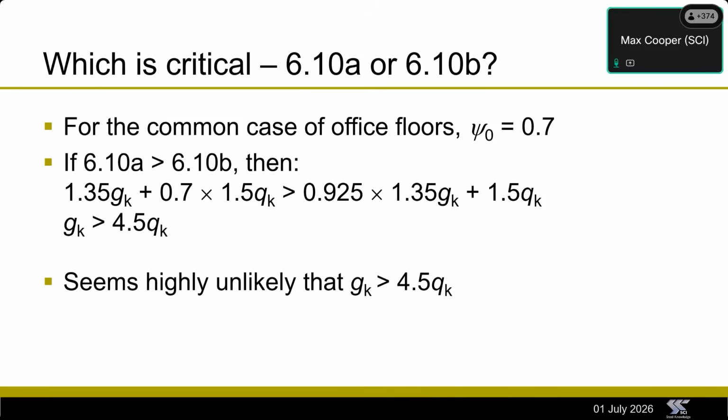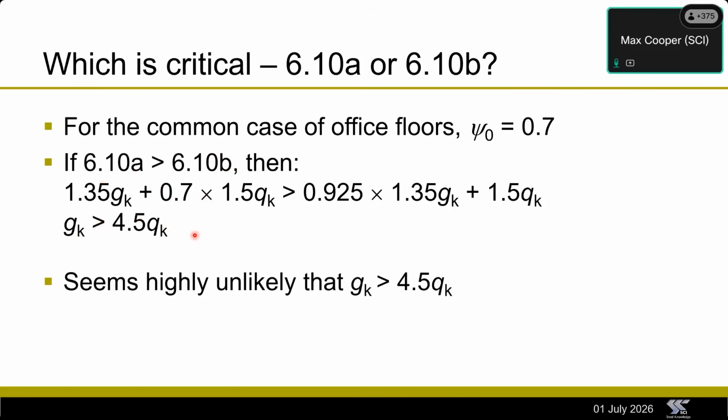So for 6.10a to be greater than 6.10b, we can just apply all our factors and cancel out to give us the inequality that for this to be true, Gk, the characteristic permanent action, needs to be greater than 4.5 times the variable action, Qk. So if we say Qk is typically, let's say, 2.5 kilonewtons per meter squared, that would mean that Gk would need to be almost 11 kilonewtons per meter squared.